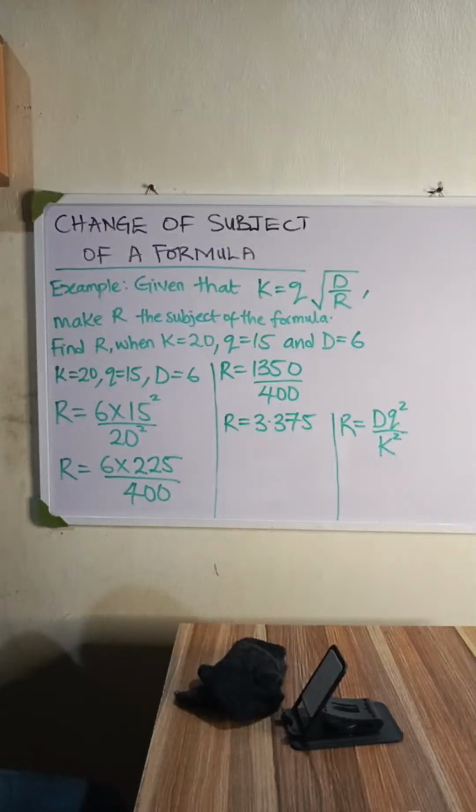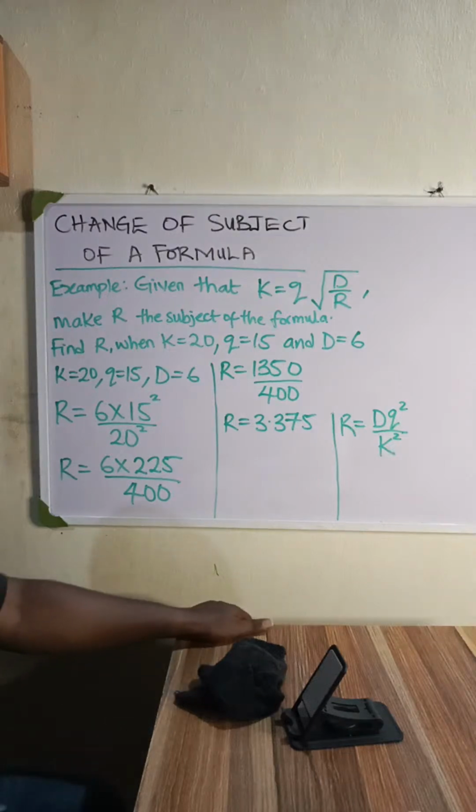So that's the simple process of making a value the subject of a formula and then finding the missing value when the other values are given. So I'm going to give one question for us to try out. And then after about 10 minutes, we work on that, and that will be the end of today's class. The topic is not that complex, so it doesn't have to take us too much time to get it done.